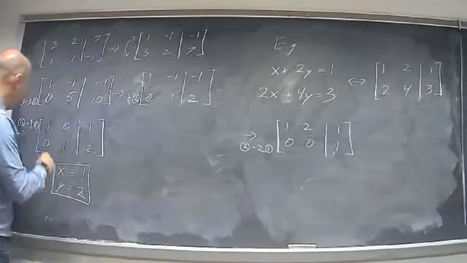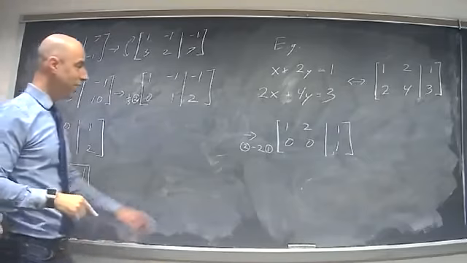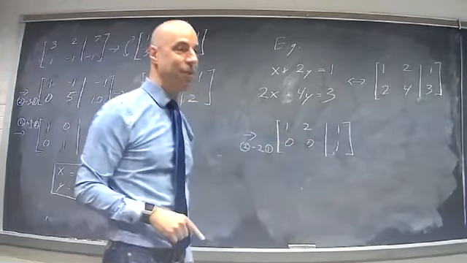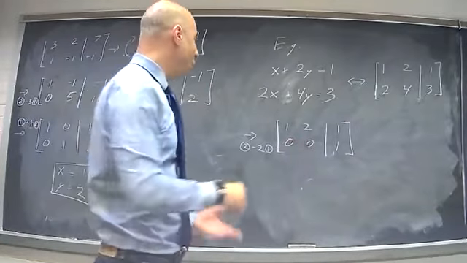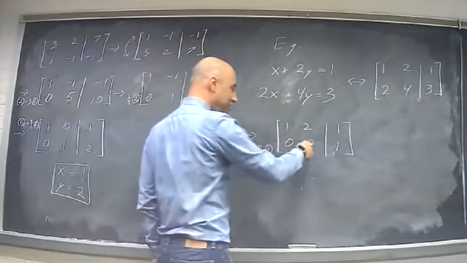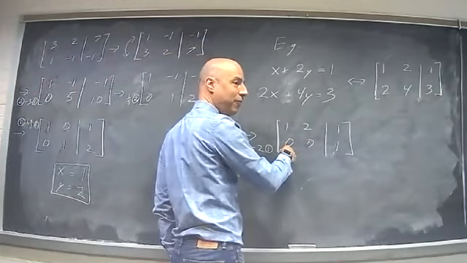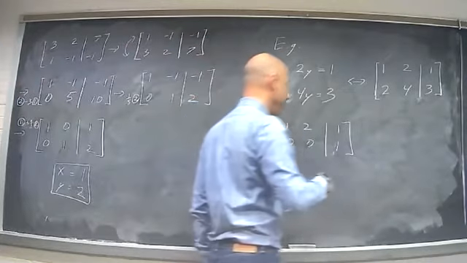So remember, we were shooting for 1, 0, 0, 1. In this particular problem, we got the 1 here, we got the 0 here, but this became 0 at the same time. There's no way to get this into this form. If I change this into something that's not 0, this is going to go back to something that's not 0. Let's turn this back into a system of equations and see what we have here.